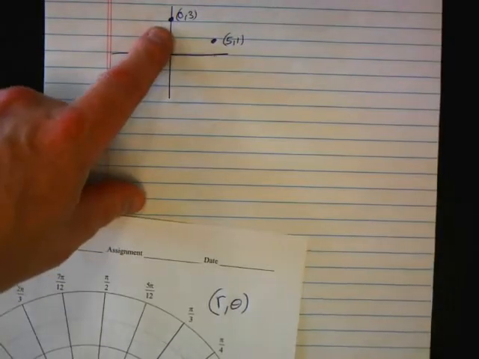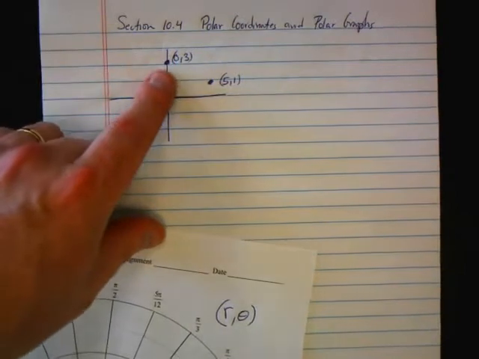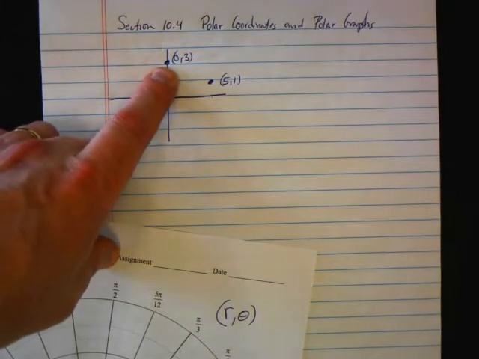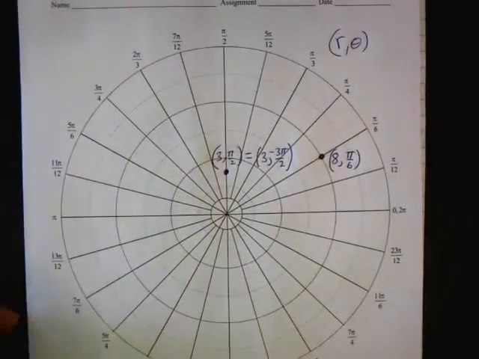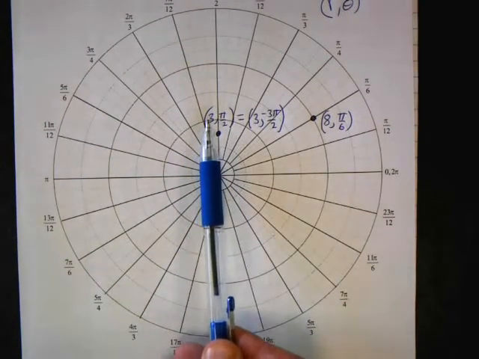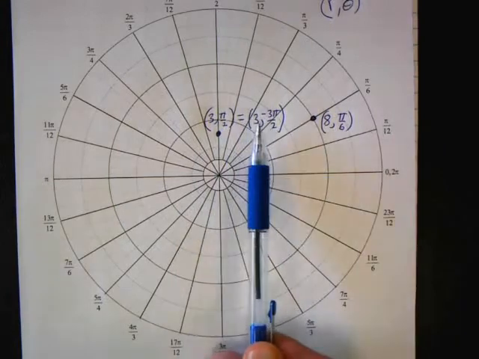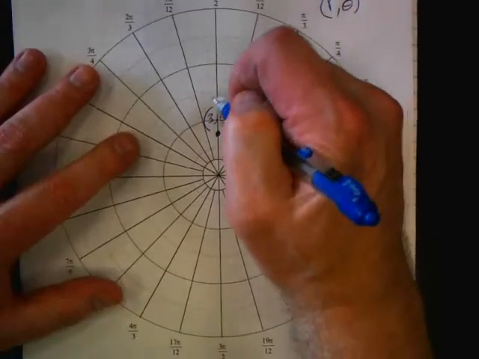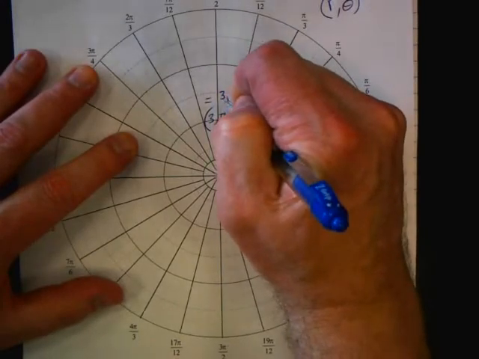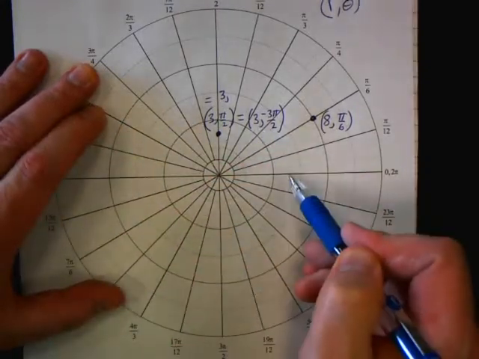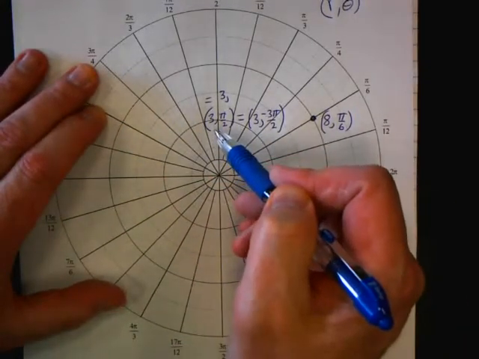In rectangular coordinates, if I call this the point 0, 3, can I call it anything else? No. In rectangular coordinates, every point has exactly one name. In polar coordinates, points can have more than one name. This point is 3, pi over 2. It's also 3, minus 3 pi over 2. I could also start here, go all the way around 2 pi, and then come pi over 2 again.